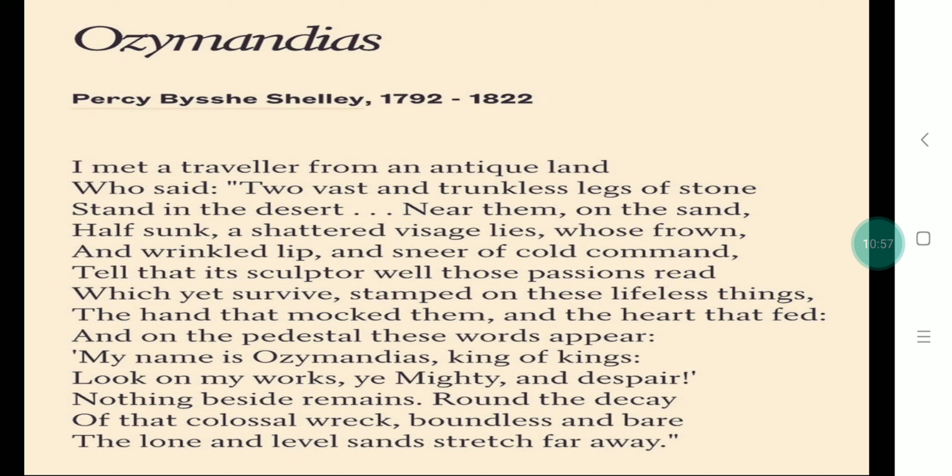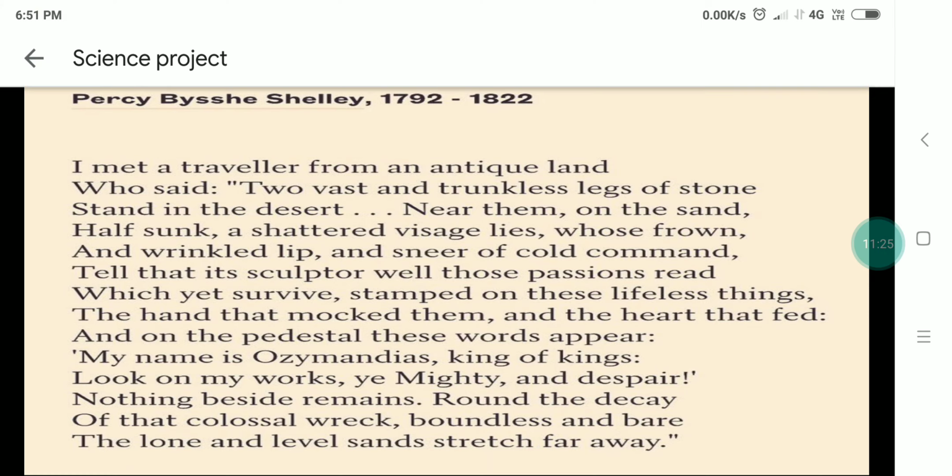Okay, so in this poem, the poet says that this powerful king was foolish, as he thought that erecting a huge statue symbolized his power. Okay, he has made that huge statue and he thought that it symbolized his power, but today the statue no longer exists. Okay, it has become a ruin. Got it? So this is all about the poem.